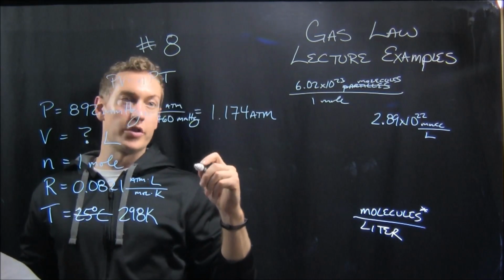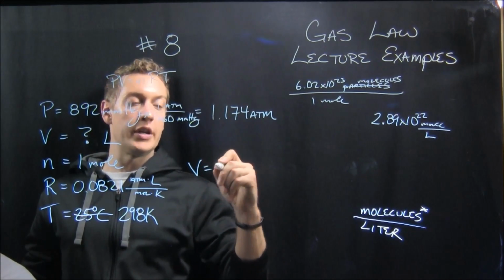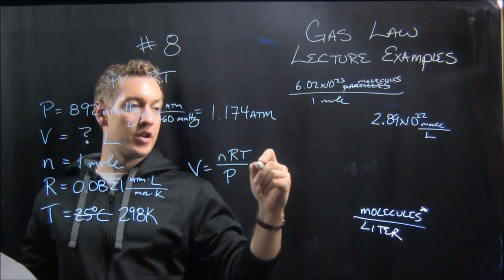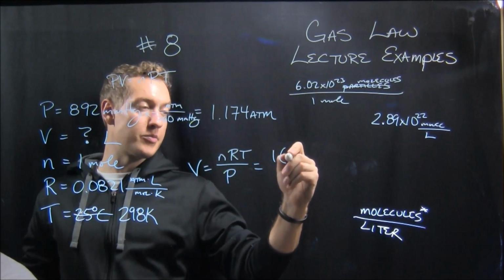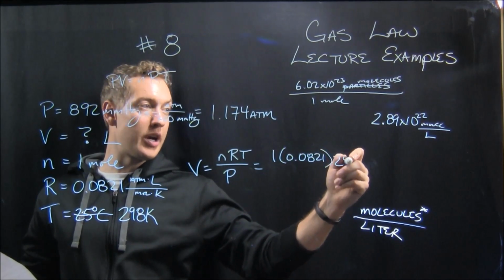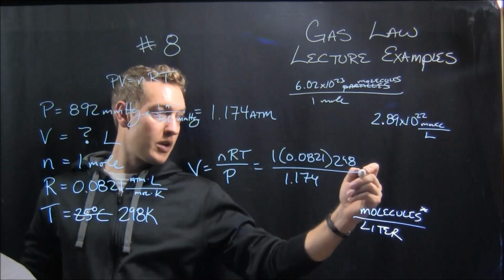Well, then we're going to rearrange the formula. So volume would equal nRT over P. So it's going to equal 1 times 0.0821 times 298 over our 1.174.